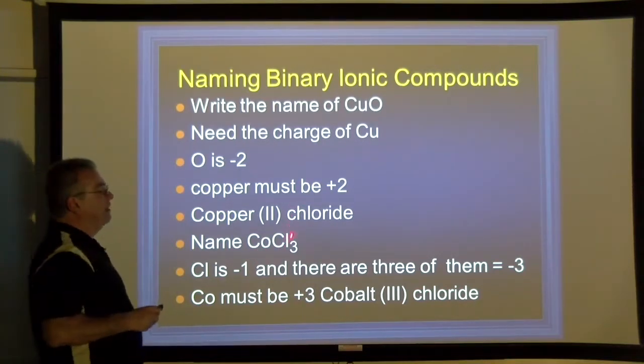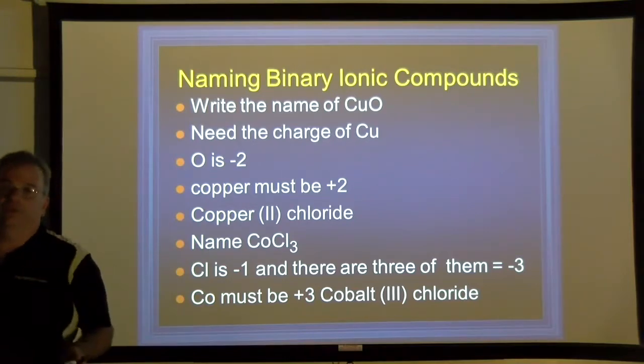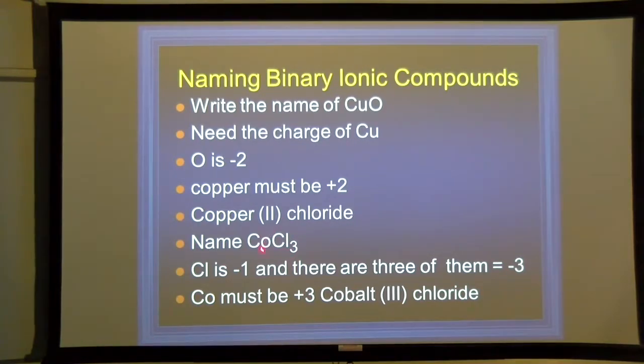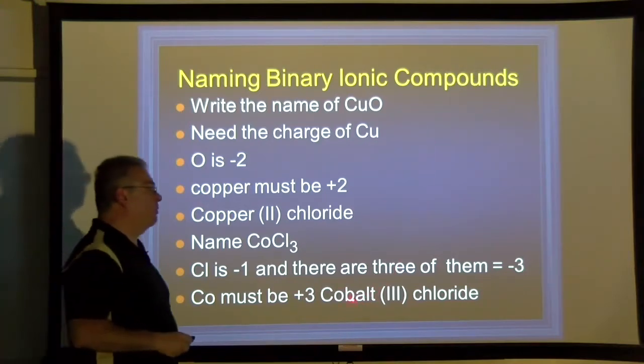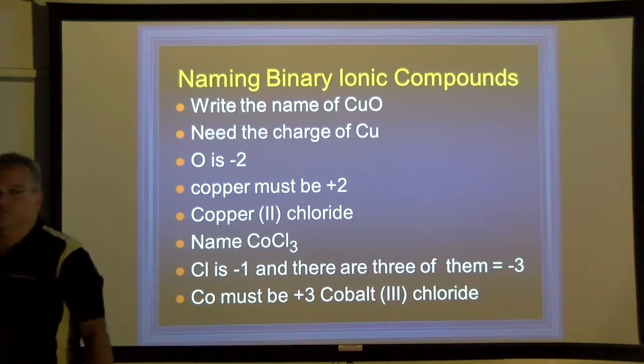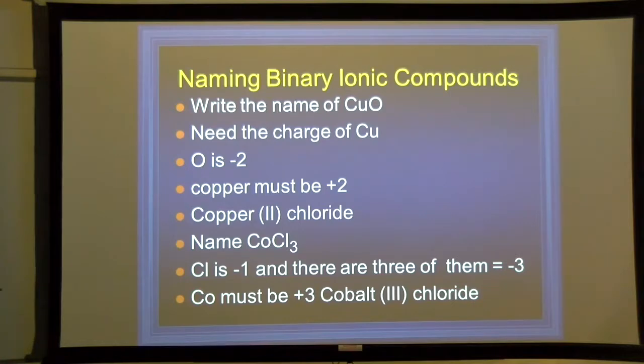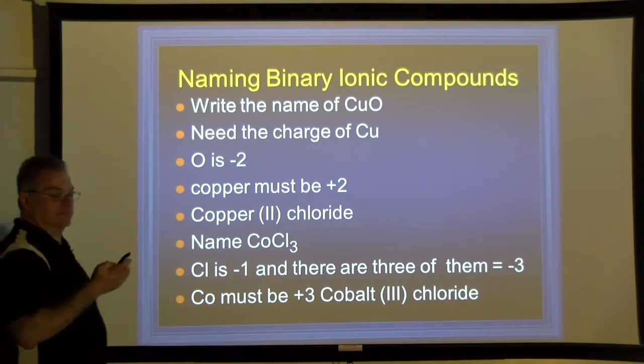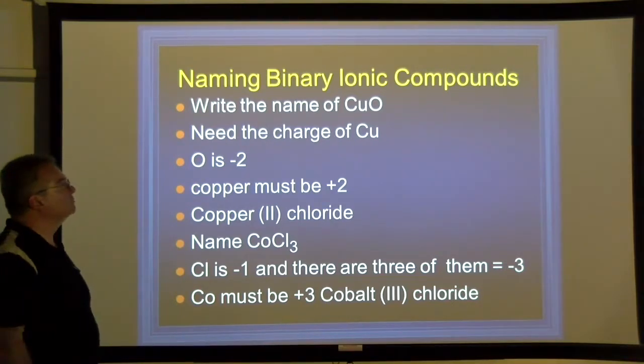Well, it depends on how many of the negative pieces I have, right? I got 3 chlorides, and chlorides have a -1. So the oxidation state of this sole positive piece has to be a +3 to cancel out the 3 -1s. So in the name, I have to tell somebody, listen, this is cobalt with a +3. That's what the Roman numeral means, linked to those chlorides. That's how it works.